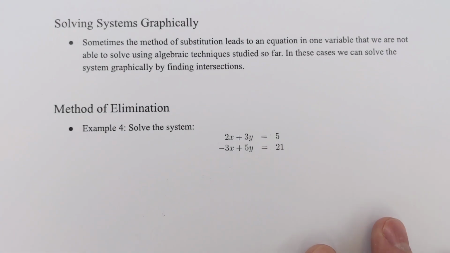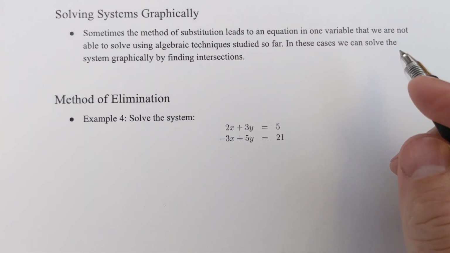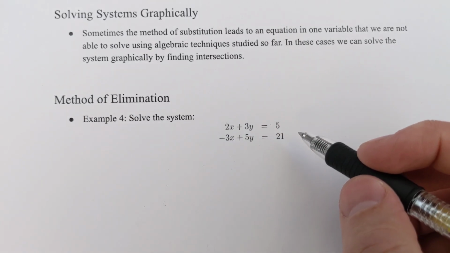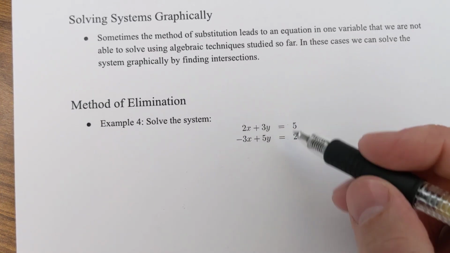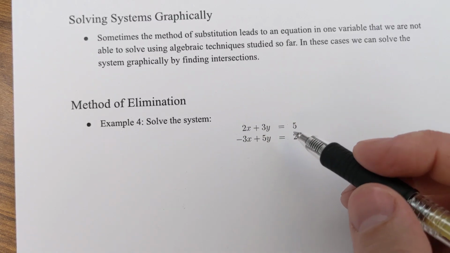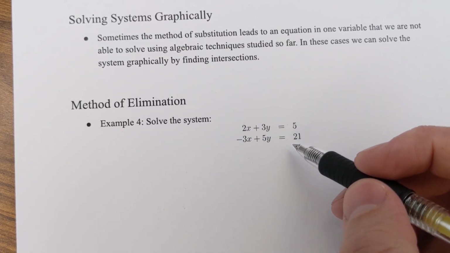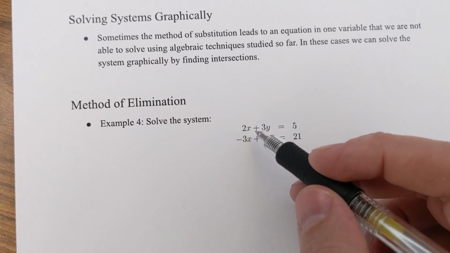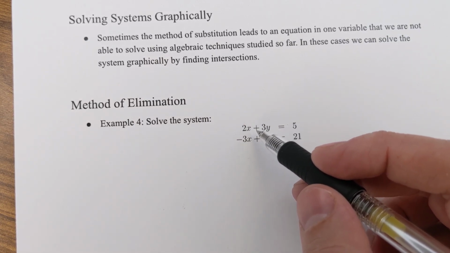All right, the last method we have is elimination, which is my preferred method, especially if you have a system that looks like this. So when you do the method of elimination, your goal is to eliminate a variable. You do that by adding the 2 equations together, but before you do that, you want one of your variables to have opposite coefficients.